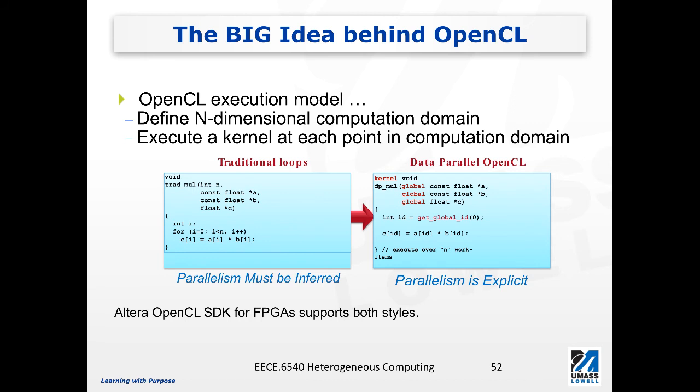So each kernel is actually doing one multiplication operation on one of the elements from A and B, and putting that product into the corresponding element of C. Once we get the global ID, or the identifier of the work item, we use that as an index to find the corresponding element in vectors A and B, and we perform the multiplication, and the result is put into C at the same location given by the index ID.